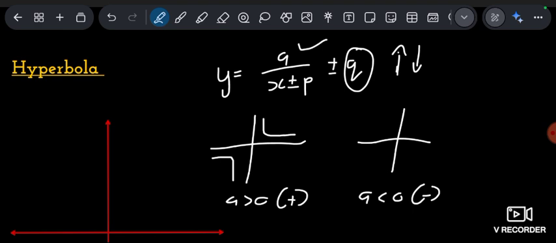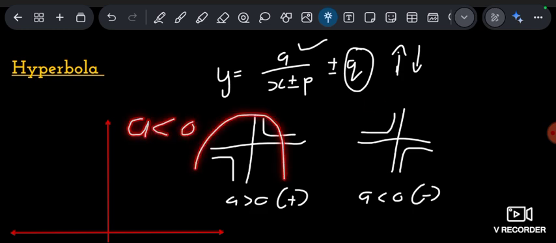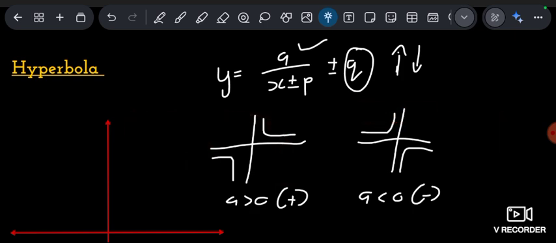If a is negative, we draw on the second and fourth quadrants. That's how you draw. If you remember, I said to you on the parabola, when a is less than 0, it is sad. When a is greater than 0, it is happy, right? So how do we look at it in terms of that notion?